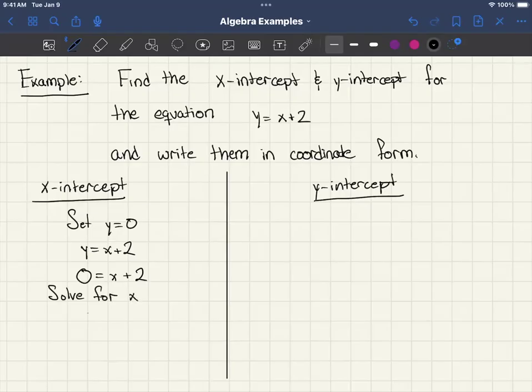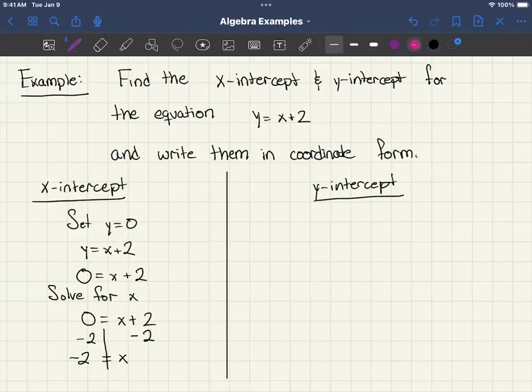I'm going to write it one more time: 0 is equal to x plus 2. We want to get that x by itself, so we are going to do the opposite sign. We are going to subtract. We're going to get the 2 over to the other side. What we do to one side of our equation, we have to do to the other side. So we are going to end up with x is equal to 2.